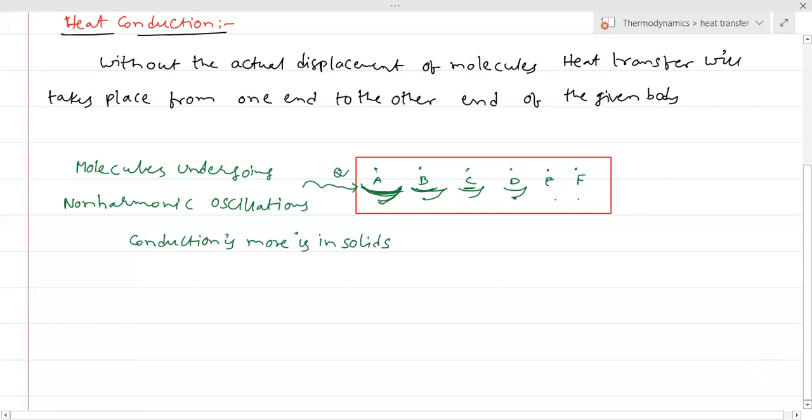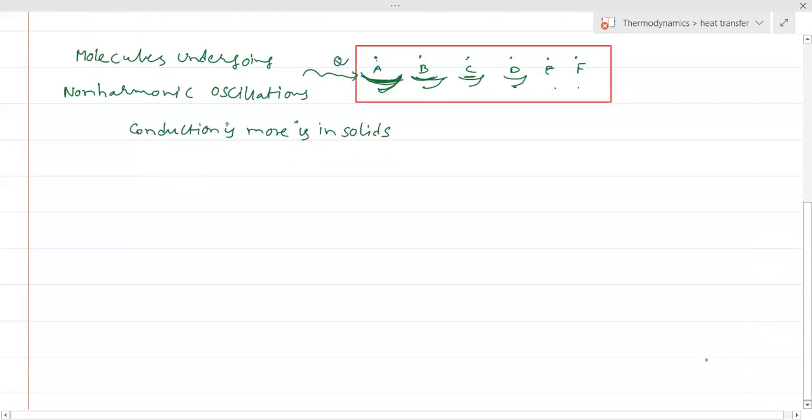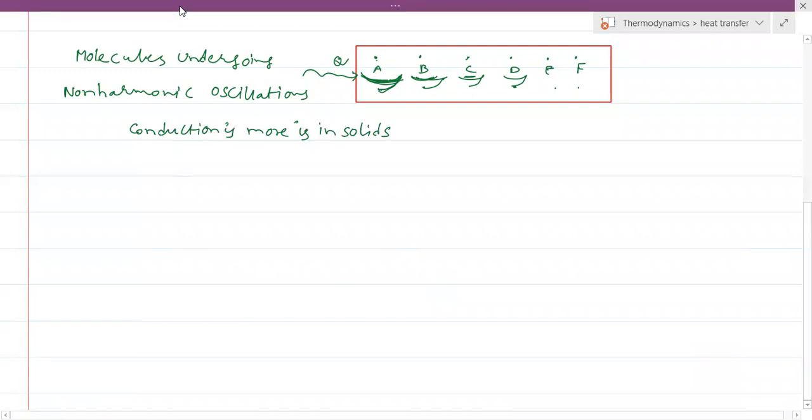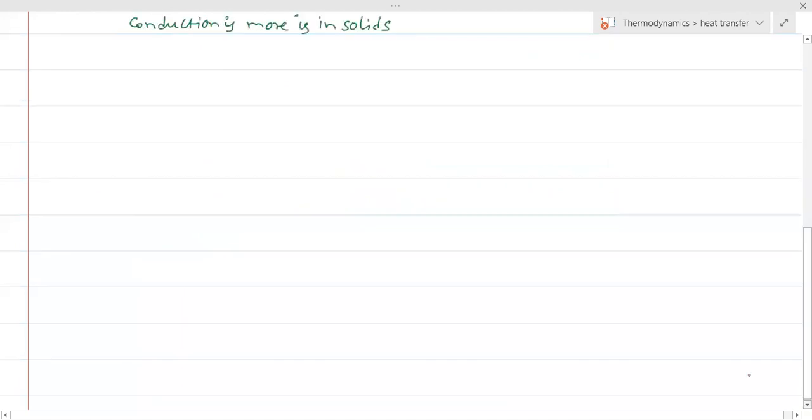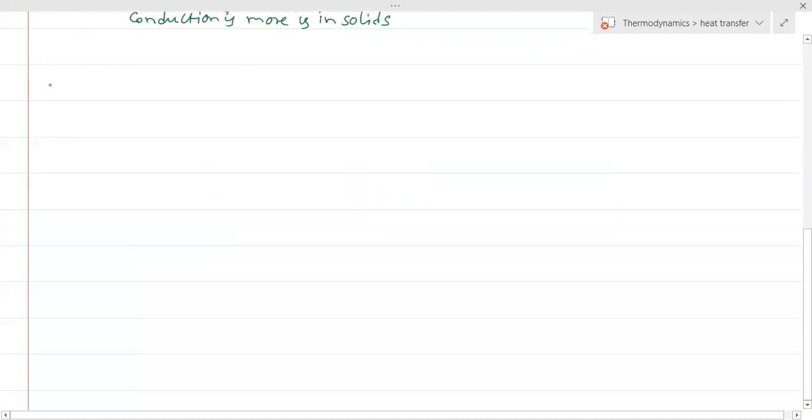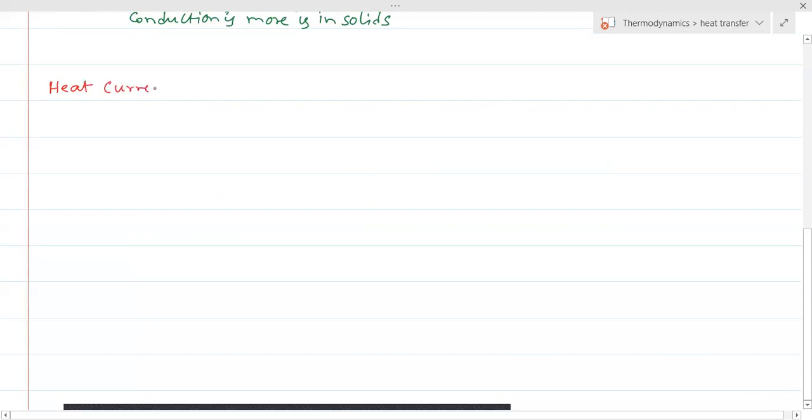Slowly we are taking the ABCDs of conduction. We are taking heat conduction through a rod, under the heading heat current through a rod.